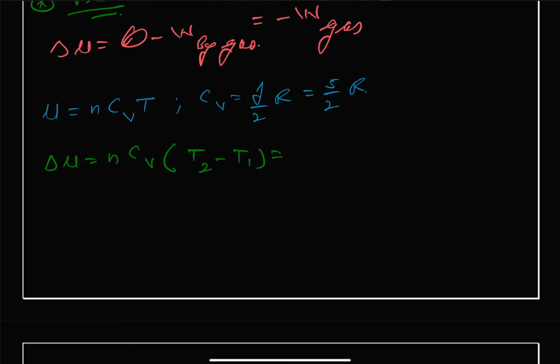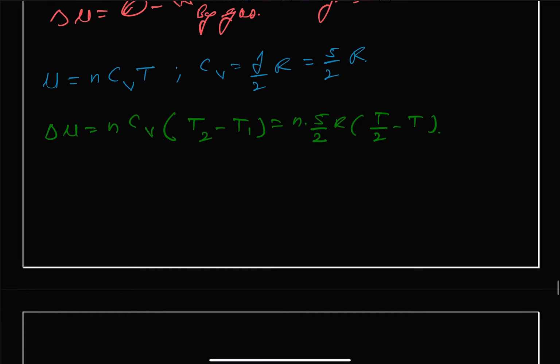This comes as n times 5 by 2 multiplied by R times T by 2 minus T, and this comes as minus 5 by 4 nRT.